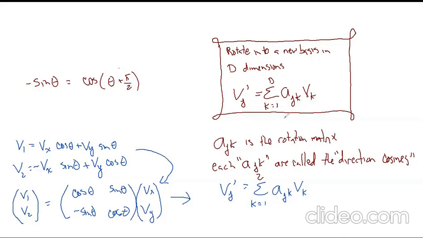Okay, so generically this is how we rotate. We have a matrix and we do matrix multiplication. Vector times matrix gives us a new vector.